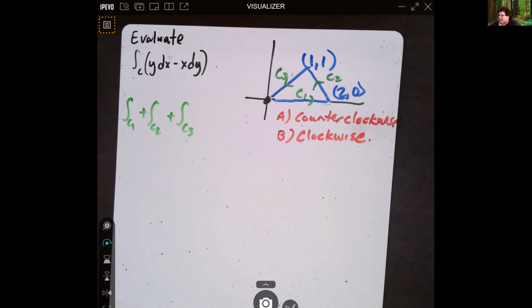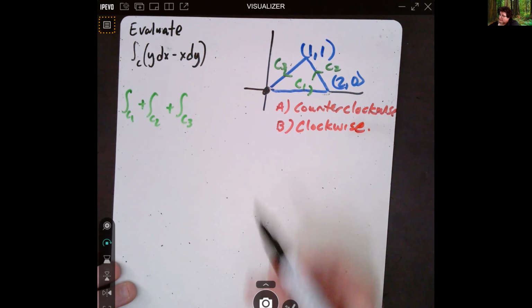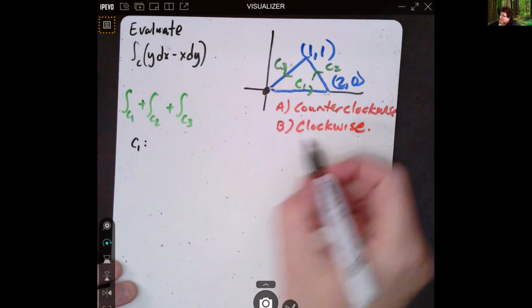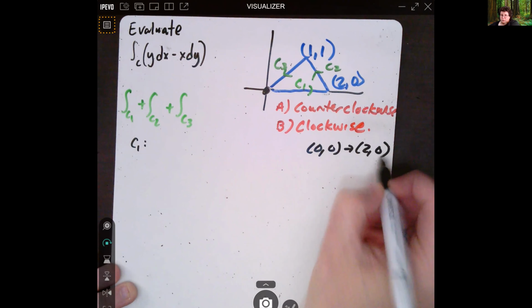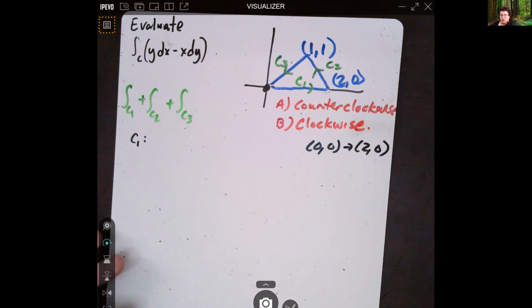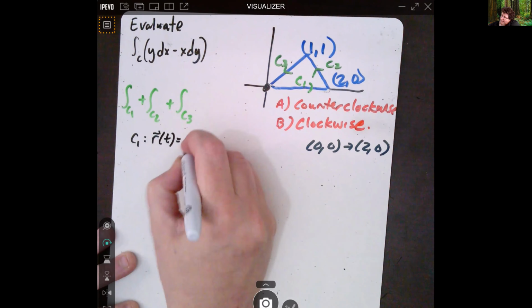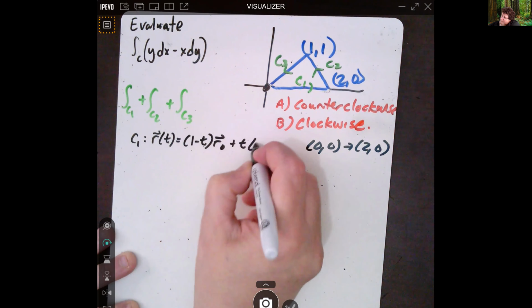So how do we go about getting that? First off, we've got to make a vector. We've got to get an R of t. So let's look at C1. C1 is going from 0, 0 to 2, 0. So let's pull out something that we learned a long time ago in this class. R of t equals 1 minus t times R0 plus t times R1.